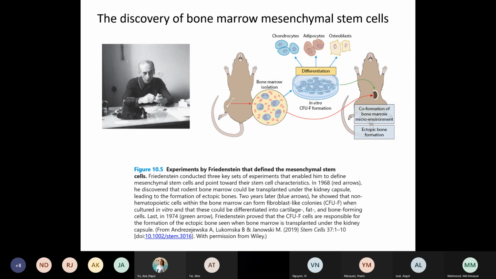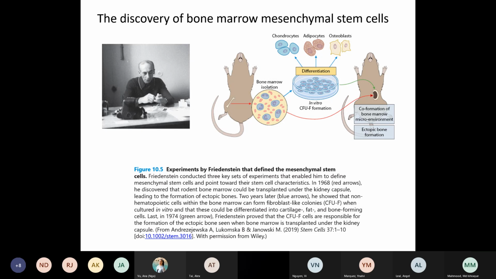Eventually he was successful. He found those clonogenic cells can give rise not only to bone, but also to chondrocytes and adipocytes. Chondrocytes are the cells for cartilage. Adipocyte is the cell for fat, adipose. And osteoblast is the cell that gives rise to bone.